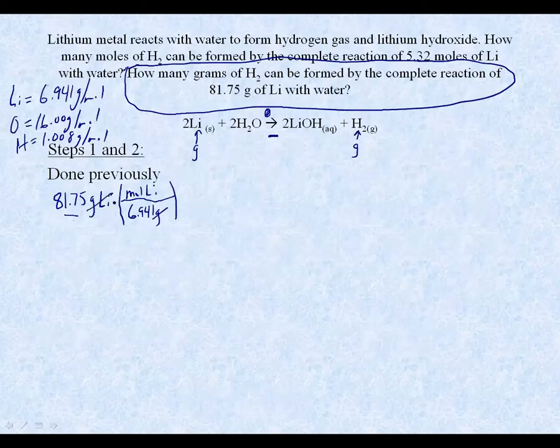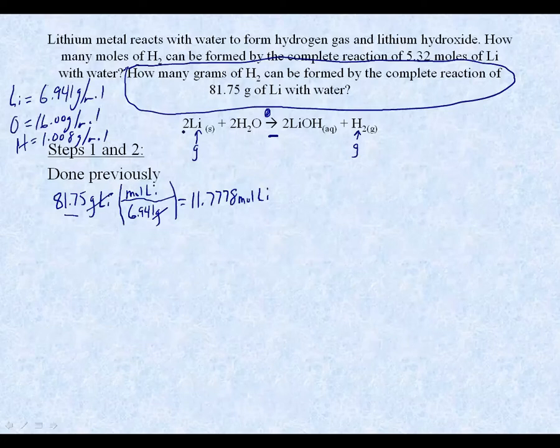You don't have to necessarily get an answer at this point, but if you did, it looks like you would have something like 11.7778. Again, I'm not rounding here until the end, moles of lithium. And that's a good step because that gets us into moles.